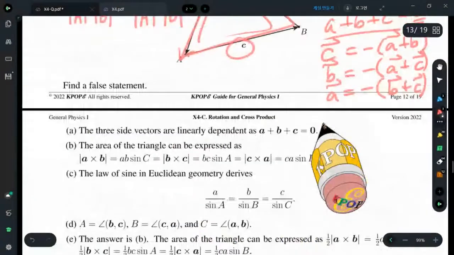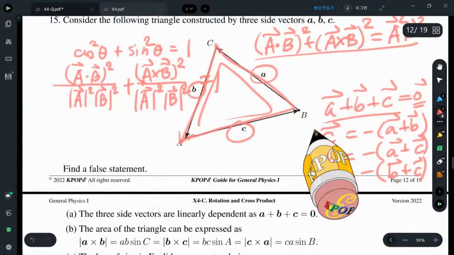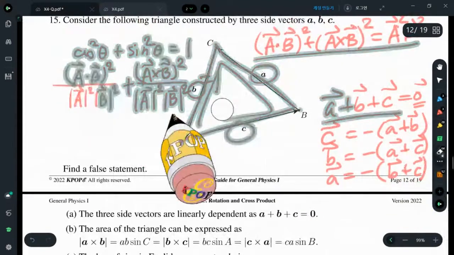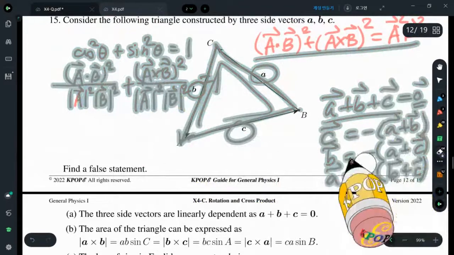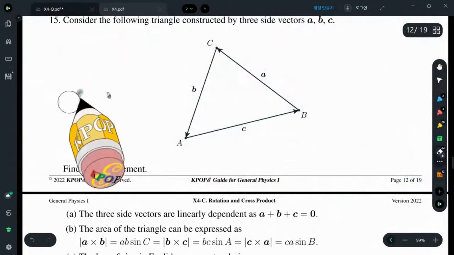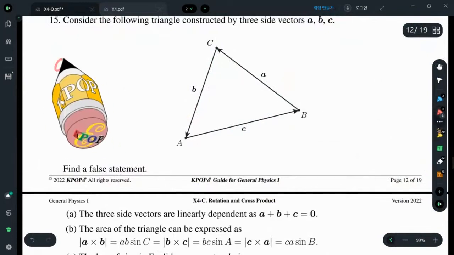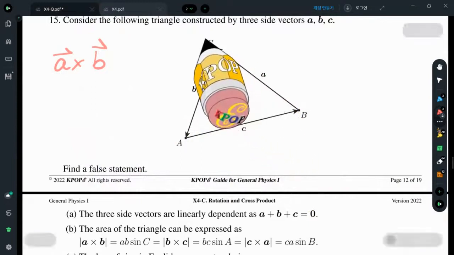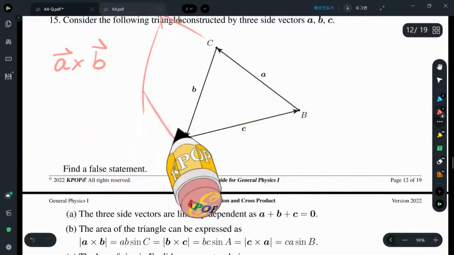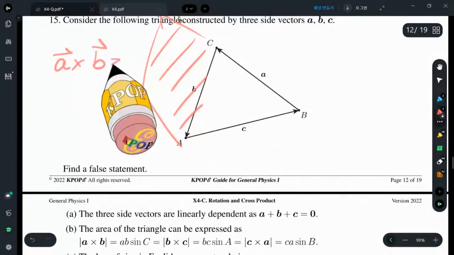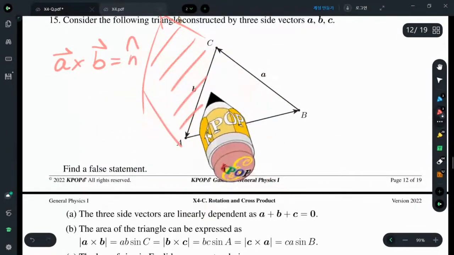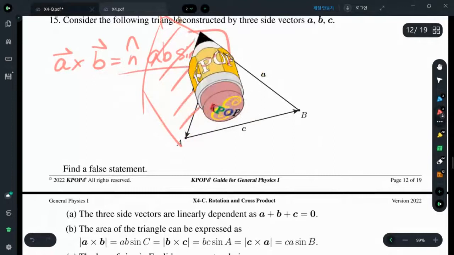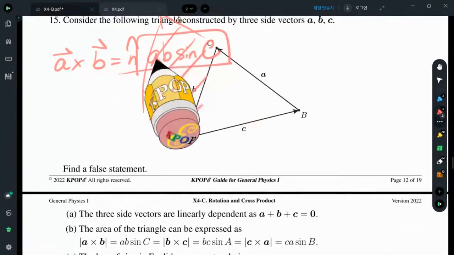Using this one, you can prove the sine law and cosine law. The sine law is about the area of this triangle. You find A cross B is normal to this plane, and its magnitude is AB sine C. That is the area of the parallelogram.